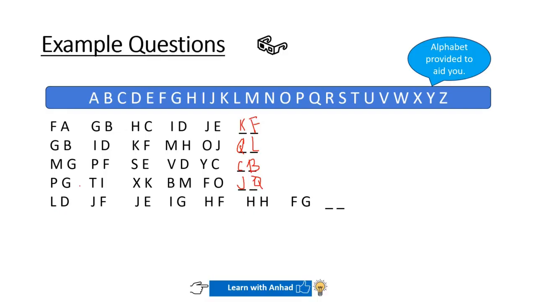So from L to J, it is minus 2. Right? And then I'm just going to mark it over here so it's easier to read. And then J to H would be minus 2 again. And then H to F would be minus 2.